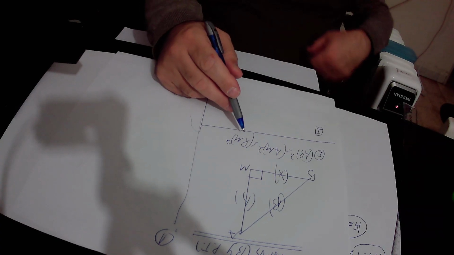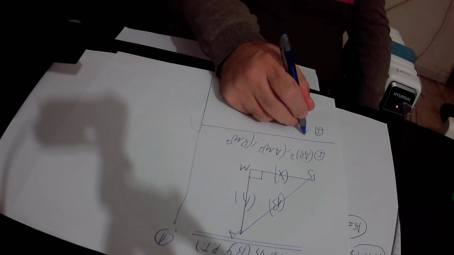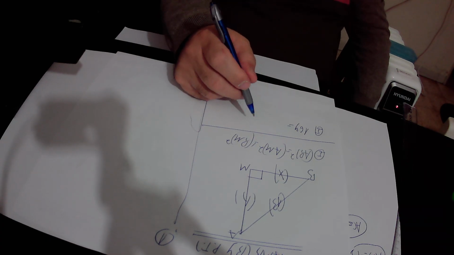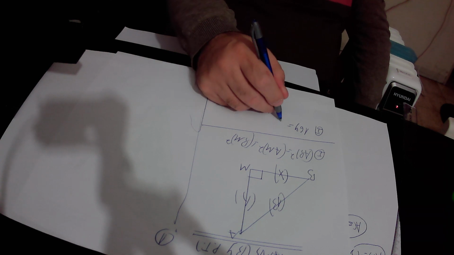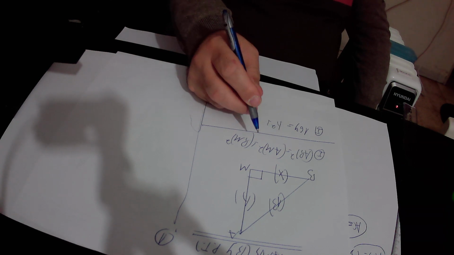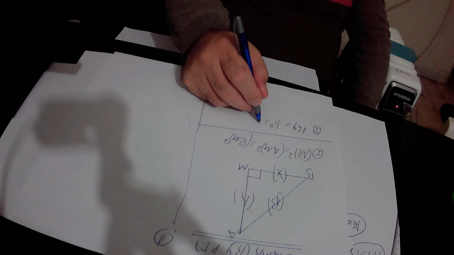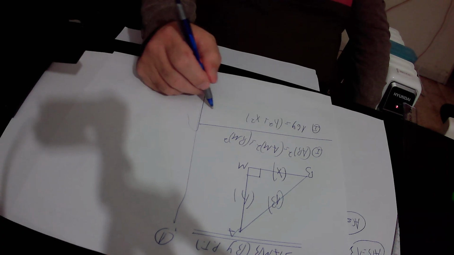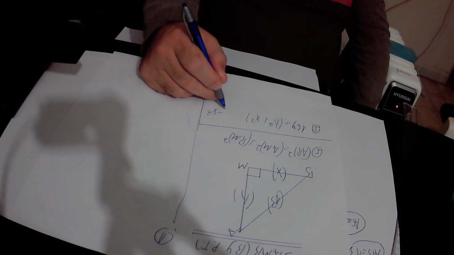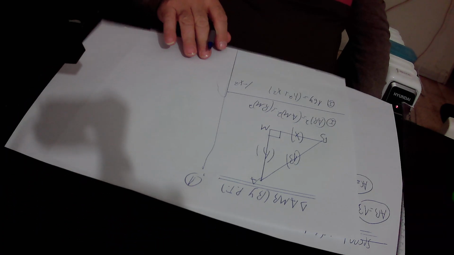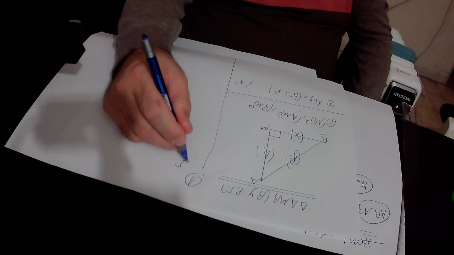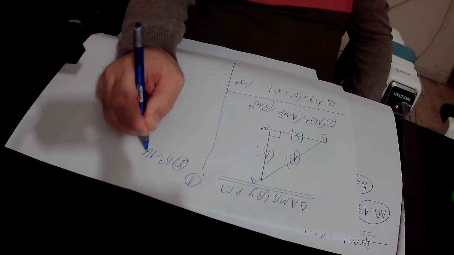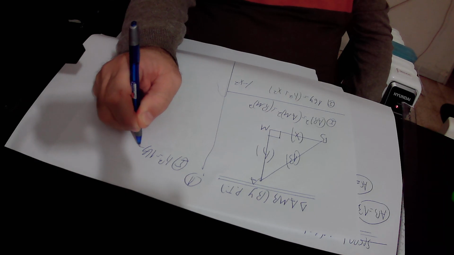AB is 13, therefore AB square is 13 squared, that is 169, and it equals AM square. AM is H, therefore AM square is H squared, plus BM square. BM is X, therefore BM square is X squared. Here we subtract X squared from this equation, equation number 1, and we get that according to equation number 1, H squared equals 169 minus X squared.